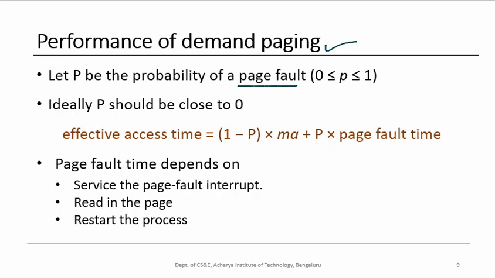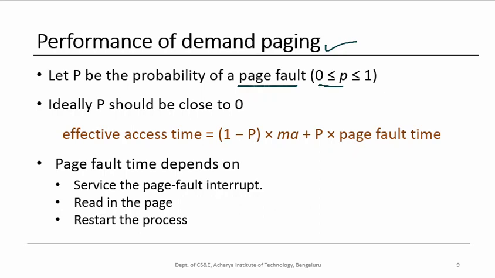That is an additional process that has to be done by the operating system, which will take some time. This would not have happened if the page had been present in the main memory. So let us look at the performance of demand paging. Let P be the probability of page fault.